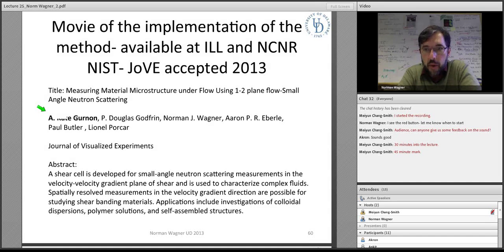There's a paper and a movie that should appear probably in January in the Journal of Visualized Experiments. And so if you're interested, you can take a look. You can learn more about the experiment, and you can use that as a guide to actually performing the experiment with the assistance of the beamline scientists.